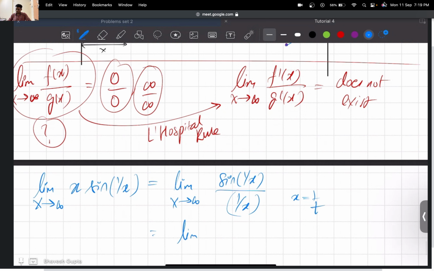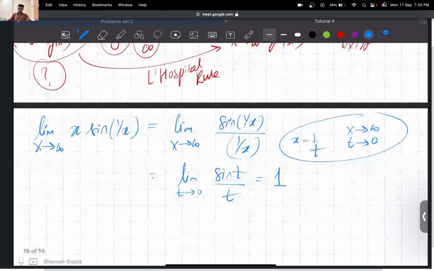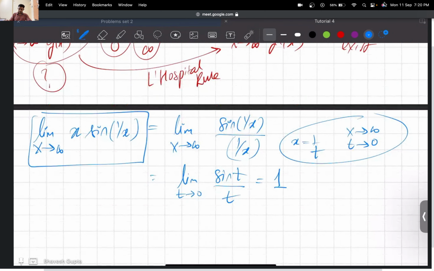If x tends to infinity, my t will tend to 0, right? That's the change of coordinates I did here, and wherever I see x, I put 1 over t. So this whole limit will just become this, which we know is 1. So for sure this has a limit. Limit exists.